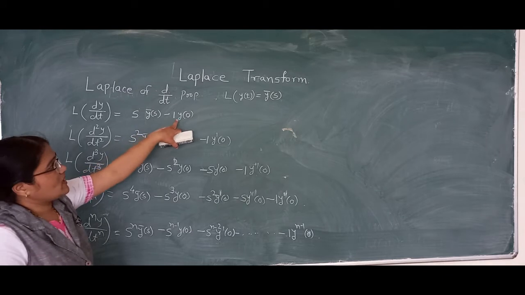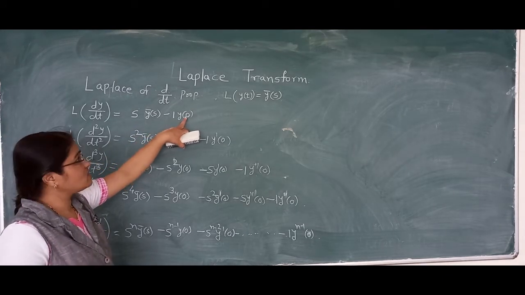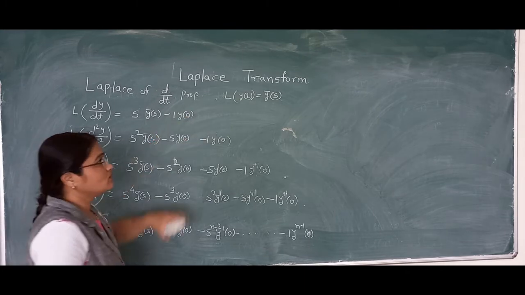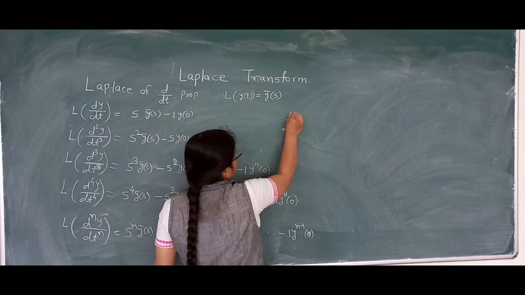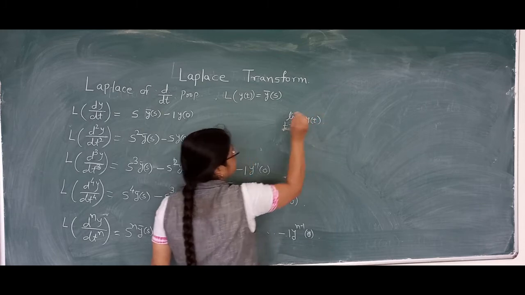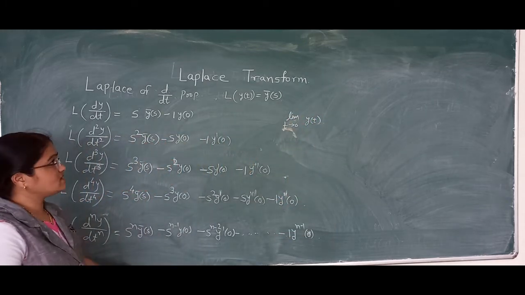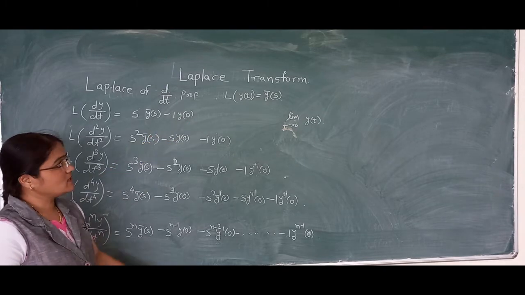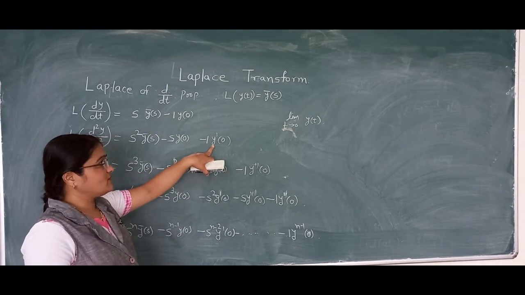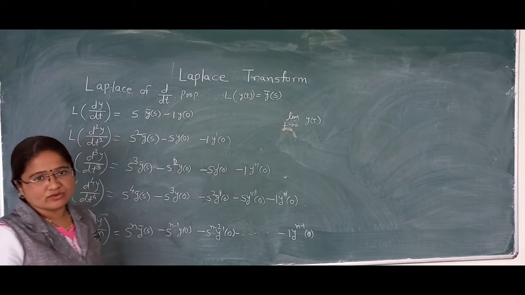What is this? Y at 0? Y at 0 means the value of the function at t equal to 0, or you may say limit t tends to 0 of y of t is the value of y of 0. Y dash 0 is the first order derivative value at t equal to 0.